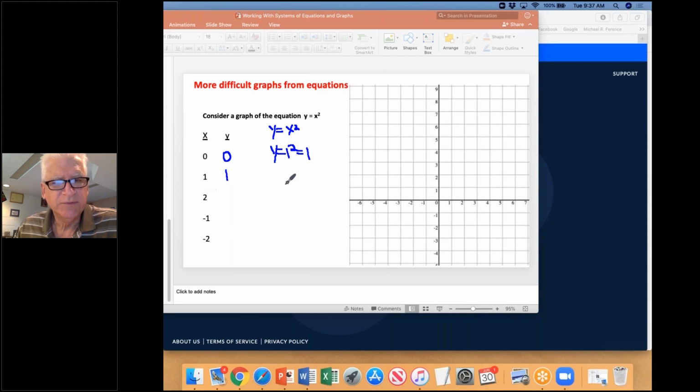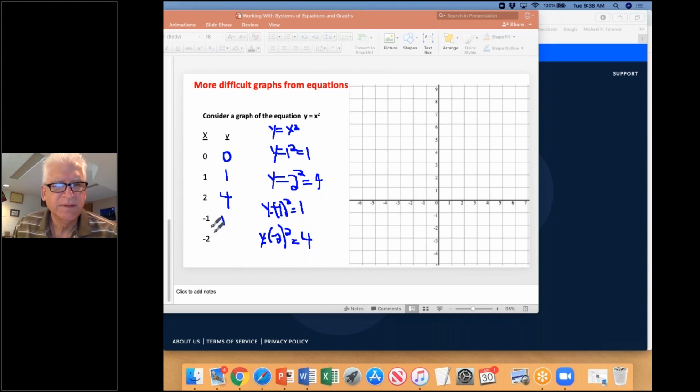When I plug in 2, I get y equals 2 squared, which is 2 times 2, 4. When I plug in negative 1, I get y equals negative 1 squared. Negative 1 times negative 1 is 1. And then when I plug in x equals negative 2, I get y equals negative 2 squared, which is 4.